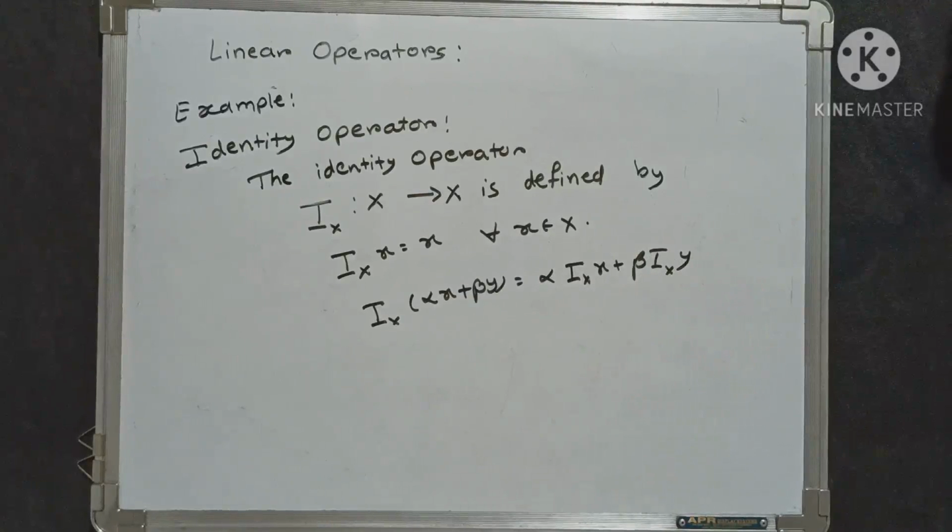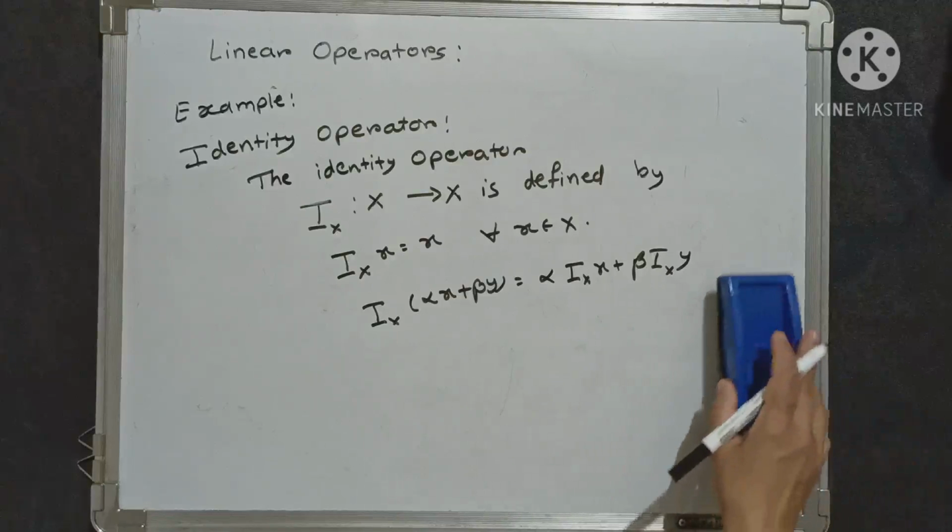We can clearly see here that the identity operator is a linear operator.